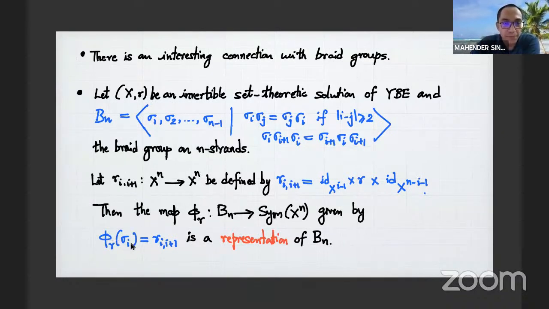Then the map sigma_i going to R_{i,i+1} is a representation of the braid group. So set theoretic solutions also give you representations of braid groups. I will not dwell more on this.